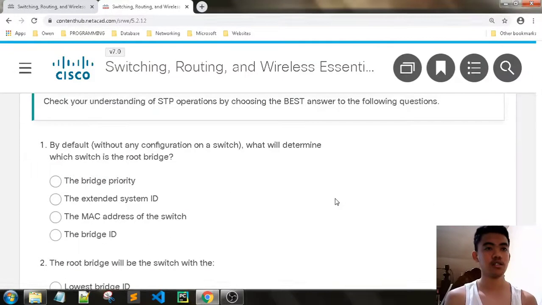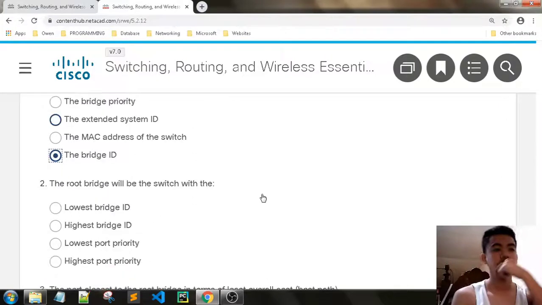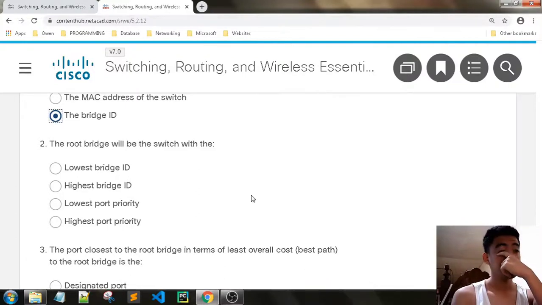Okay, check your understanding. By default, what will determine which switch is the root bridge? The bridge ID. So the root bridge will be the switch with the lowest bridge ID.